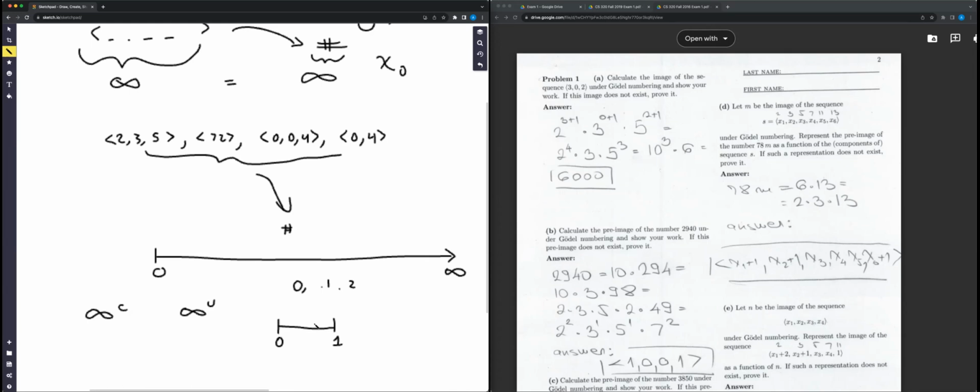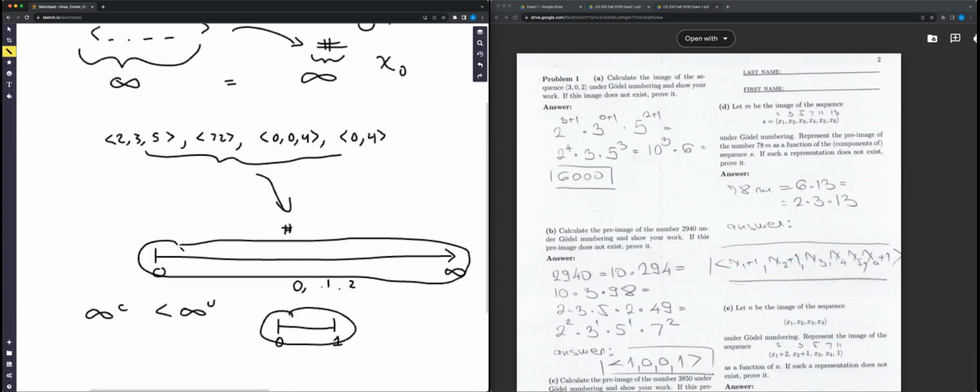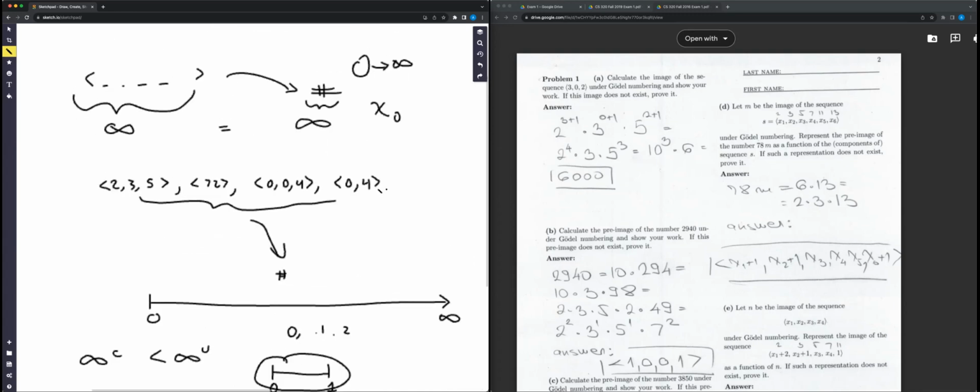So this size of infinity is bigger than this size of infinity. If any infinity we get maps to this infinity, then it's countable. If it's not able to map to this, then it's automatically uncountable. And Godel numbering is a way to map any size set to the natural numbers.